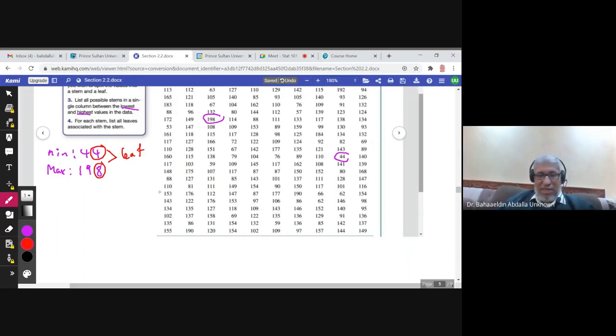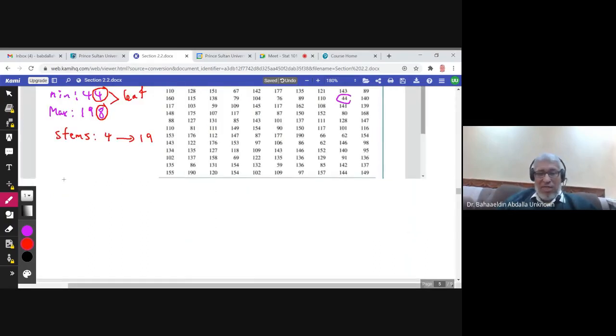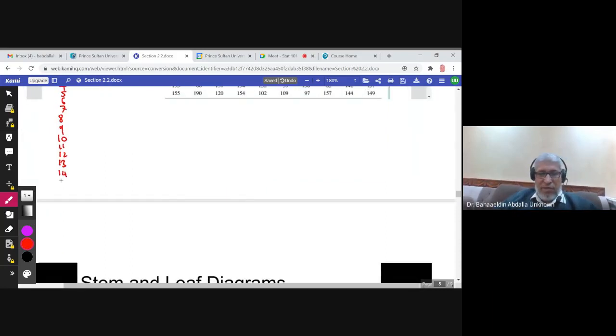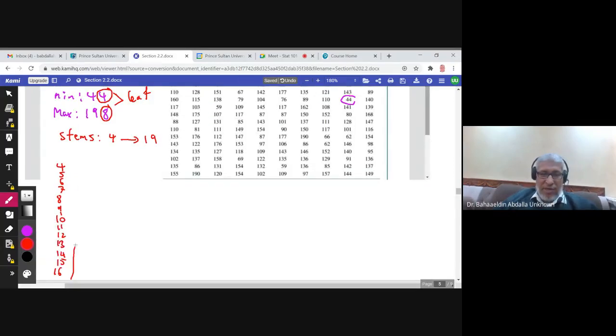So you can say here that the stems are from 4 to 19. You put all the stems starting from 4, 5, 6, 7, 8, 9, 10, 11, 12, 13, 14, until 19, 15, 16, 17, 18, 19. All the stems. And then you put a vertical bar like this.